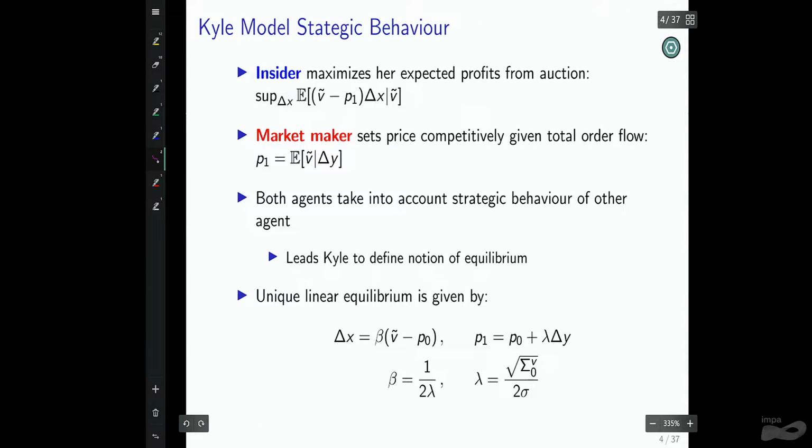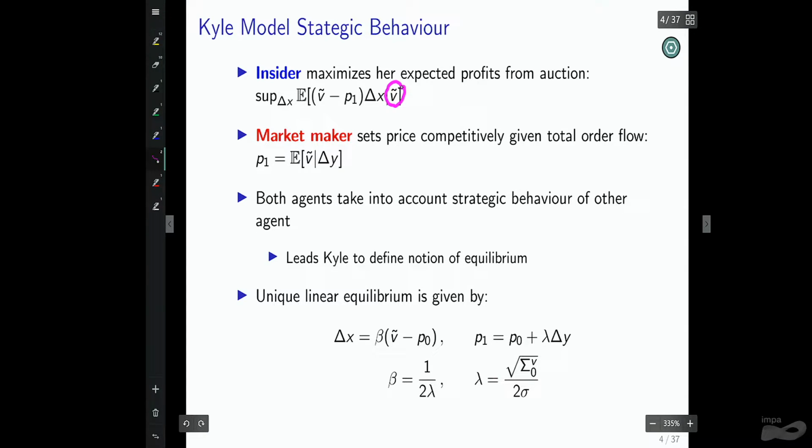In terms of the strategic behavior that these two agents are undergoing, I've outlined the dynamics of what's happening. But as I've mentioned already, the insider is trying to maximize expected profits because they have this additional information. So they're just maximizing the change in wealth that they have. Of course, they spend some amount, P times delta X, and then they earn some amount, V tilde times delta X. But they're allowed to condition on V tilde, right?